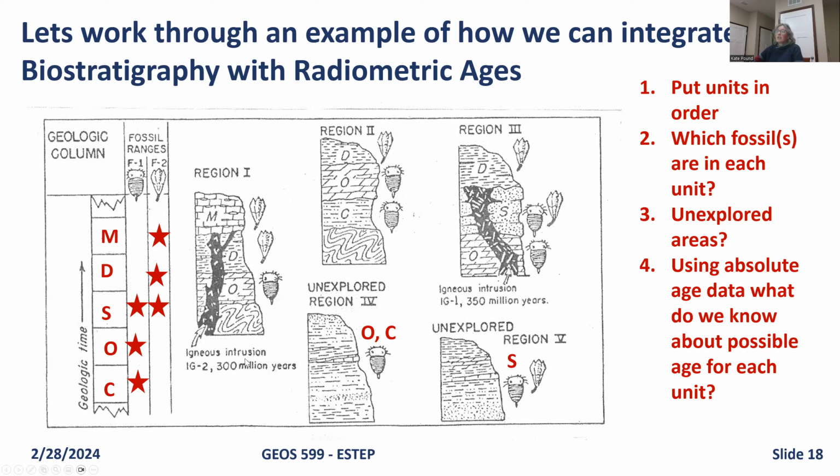We know that this igneous intrusion is 300 million years old, and it cuts through O and D, but not through M. On the other hand, in region 3, we have an igneous intrusion that is 350 million years old, and it cuts through O and S, but not D. So what I want you to do now is to determine what we know about the absolute age of each of these units based on this radiometric date that we have.